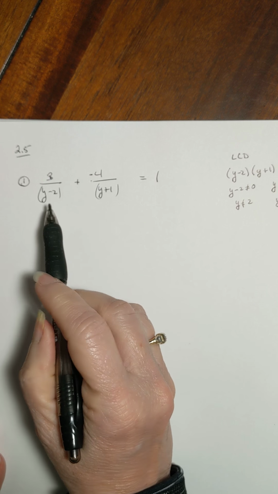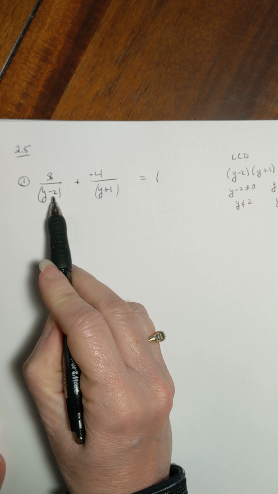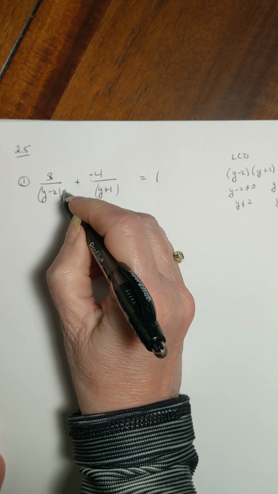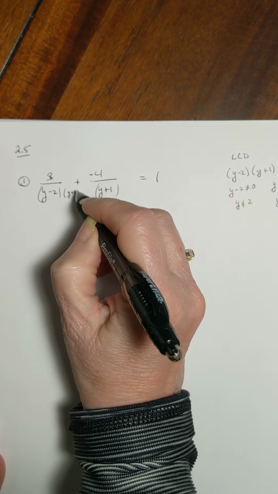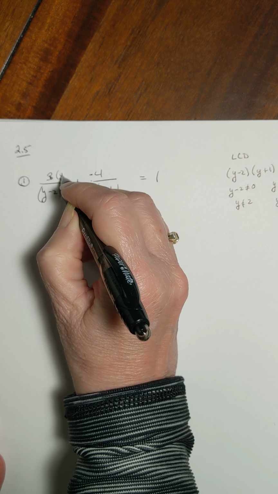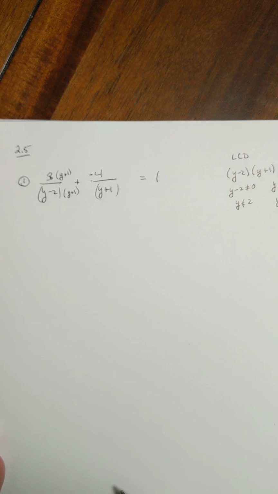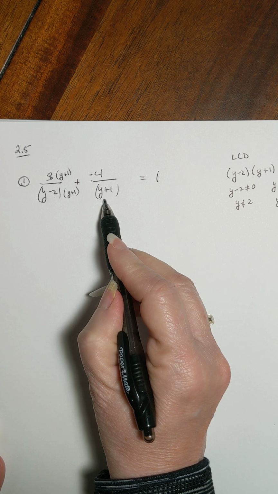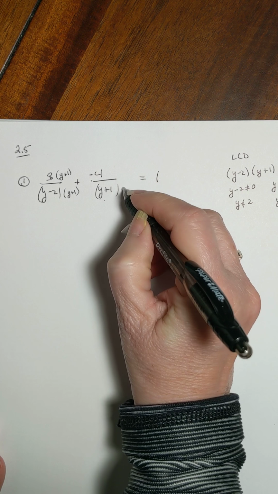All right, so let's see. This one has the y minus 2. What is it missing? It's missing the y plus 1. So I'm going to multiply numerator and denominator by y plus 1. This one has the y plus 1. It's missing the y minus 2.